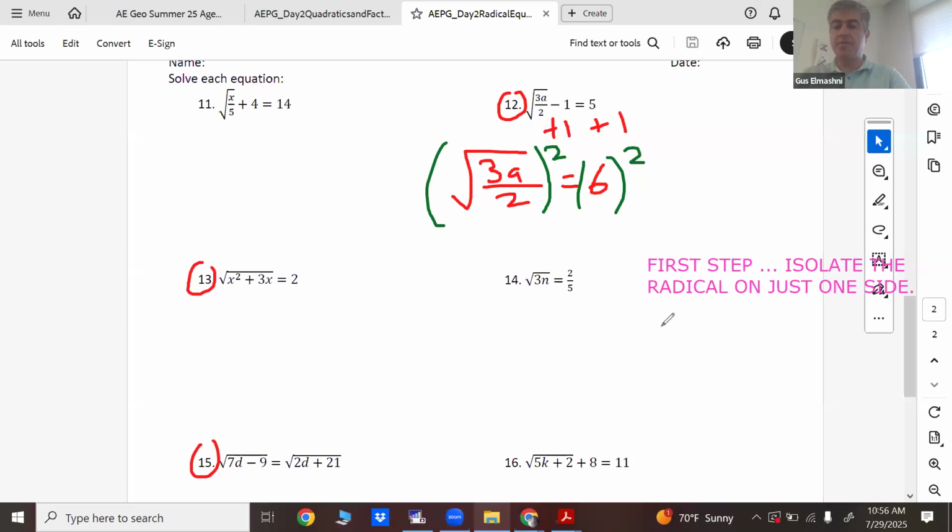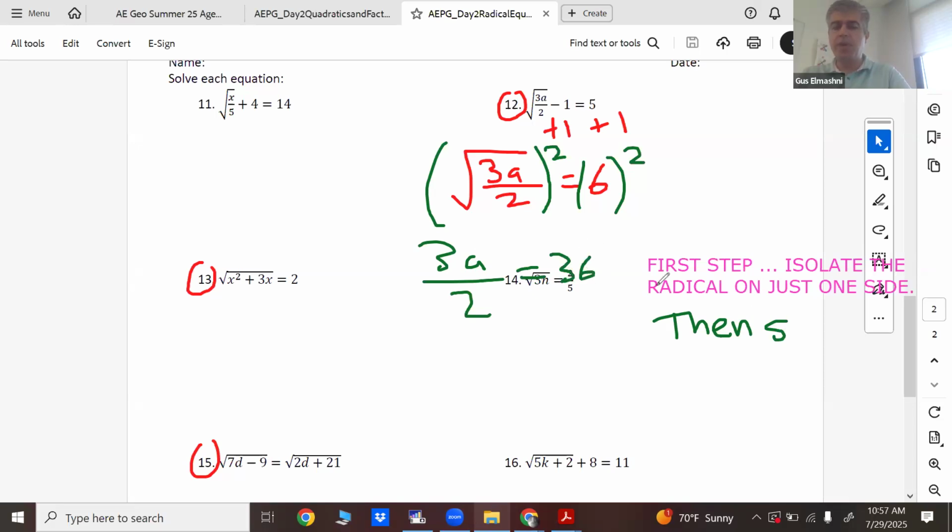Now you can square both sides. Because what happens to a squared radical? Yeah. √25 times √25 is 25, or √4 times √4 is 4, which just gets you back to the number inside. So 3a/2 equals 36.